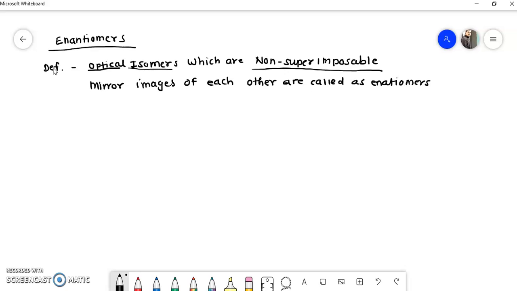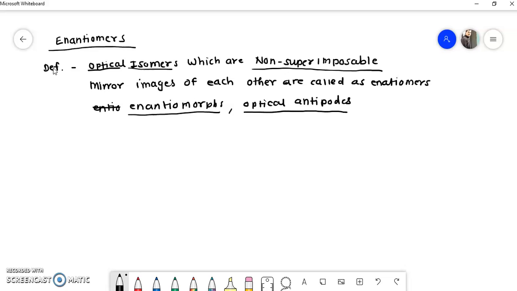The synonym of enantiomer is enantiomorph. It can also be called enantiomorphs, or optical antipodes. So the optical isomers which are non-superimposable mirror images of each other are called enantiomers or enantiomorphs or optical antipodes.